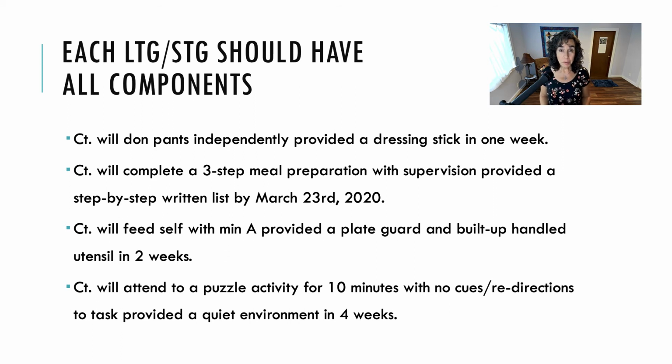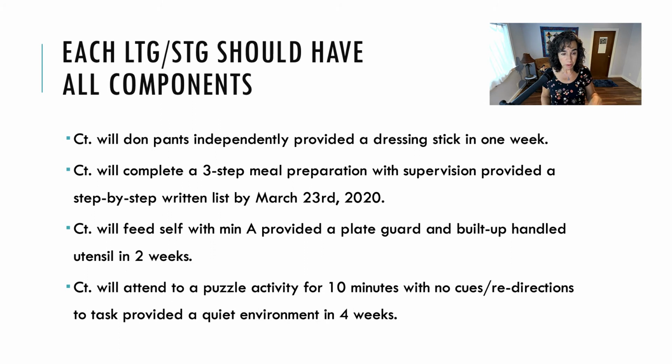Each long-term goal and short-term goal, aka objective, should have all the components. So this is kind of putting together all of the different parts and pieces. The client will don pants independently, provided a dressing stick, in 1 week. The client will complete a 3-step meal prep with supervision, provided a step-by-step written list by March 23rd, 2020.